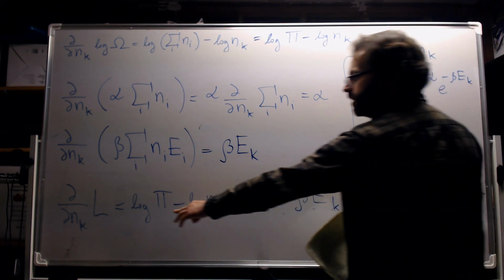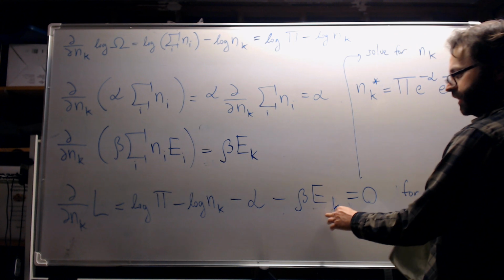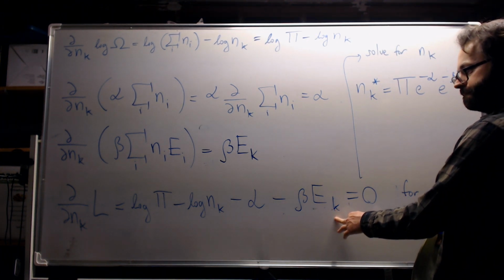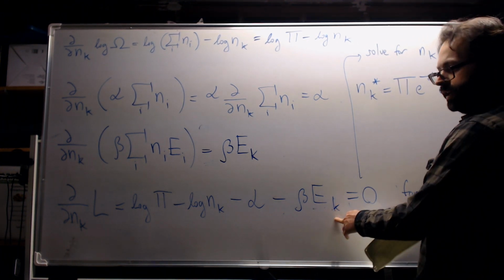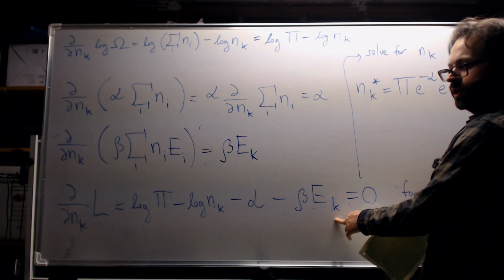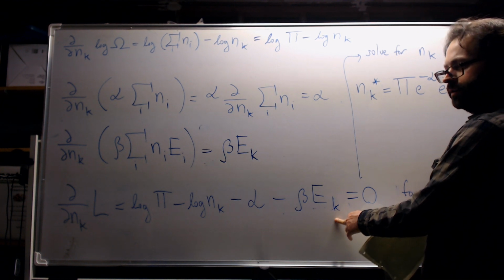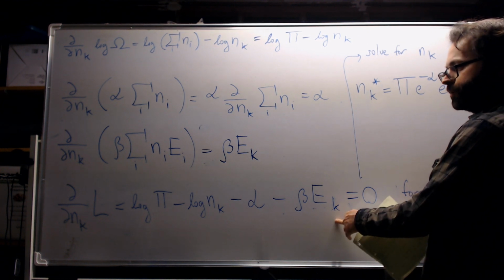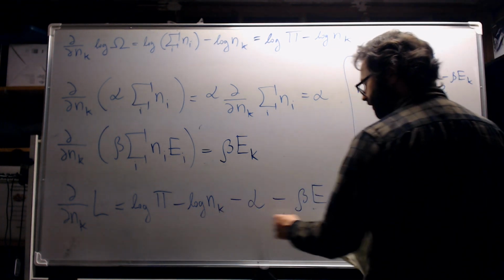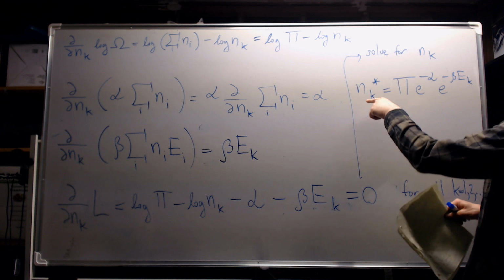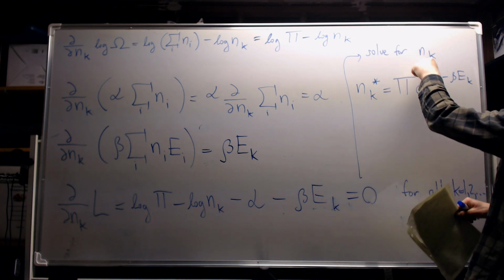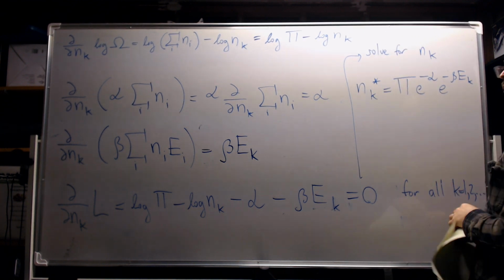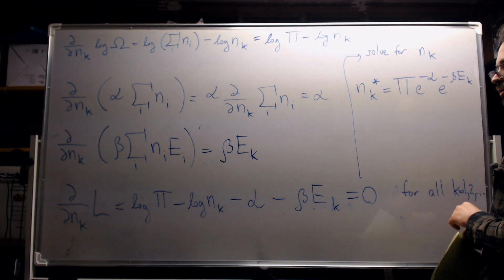I then have log of pi minus alpha minus beta e_k. I then exponentiate both sides, or take the inverse of the log of both sides. Exponentiating log of n_k on the left side gives you just n_k, and we put a star index to remind us that this corresponds to the dominant distribution.